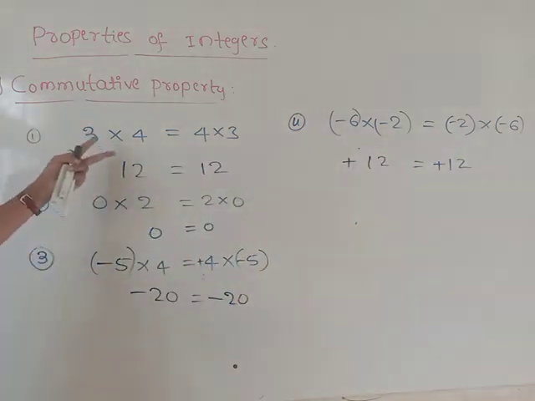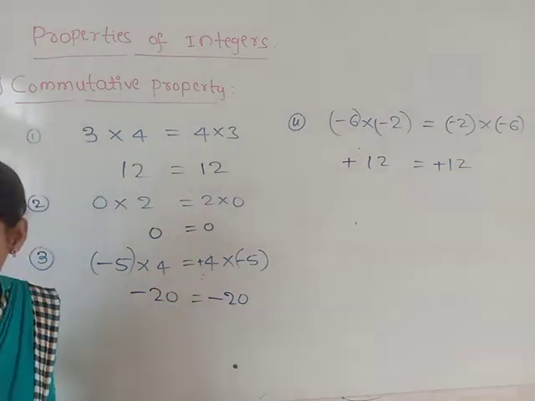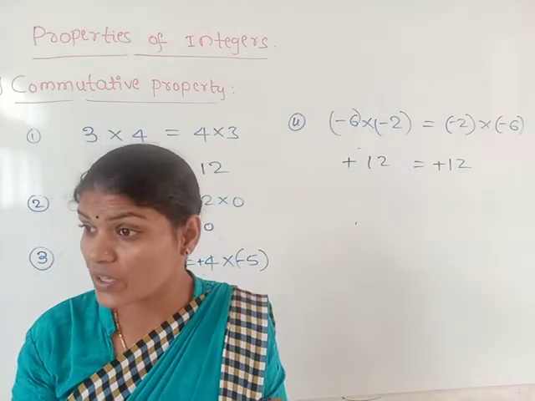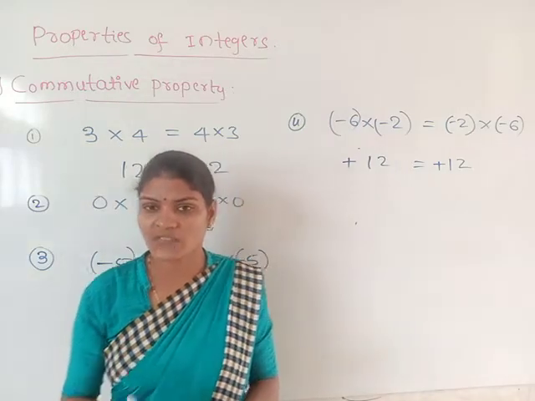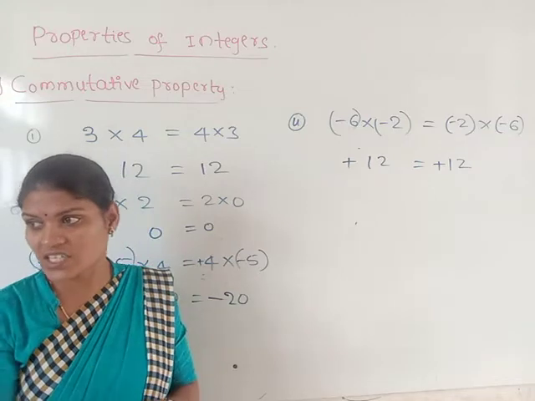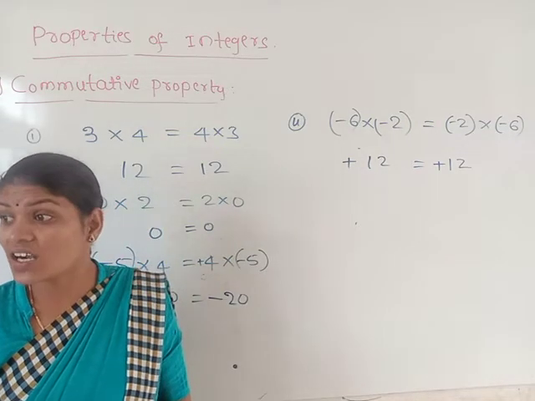Whether both are positive integers, 0 and a positive integer, one negative and one positive integer, or both negative integers, the product of A and B is always exactly equal to B and A. If you change the order, the answer should not be altered.